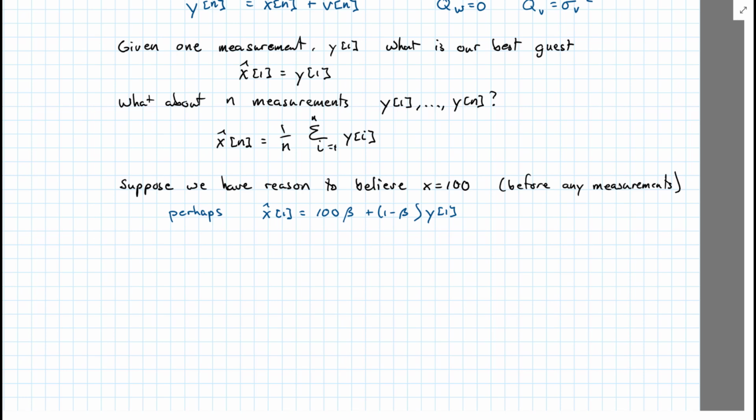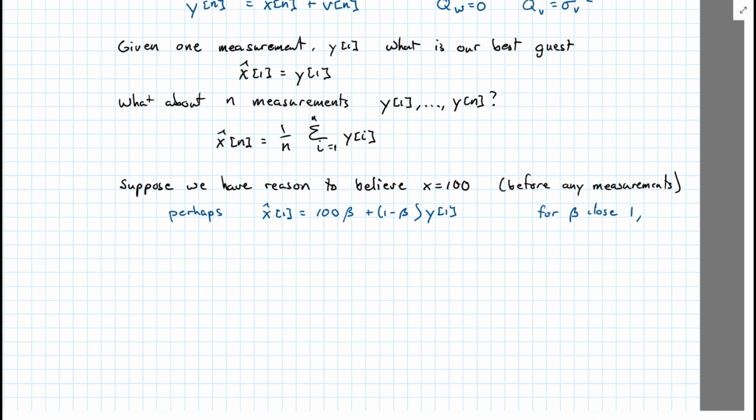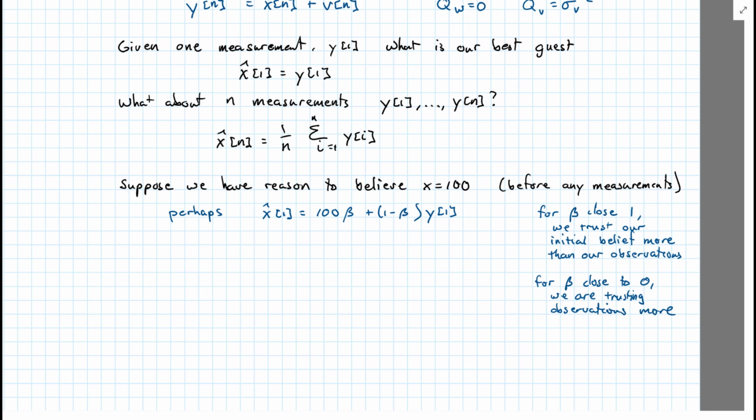So if we choose beta close to 1, we are basically trusting our initial belief more than we trust the observation. And with beta close to 0, we're trusting the observation more than our initial belief.